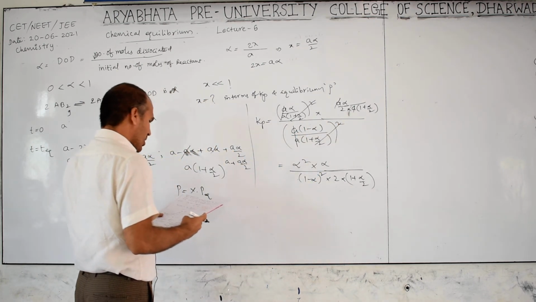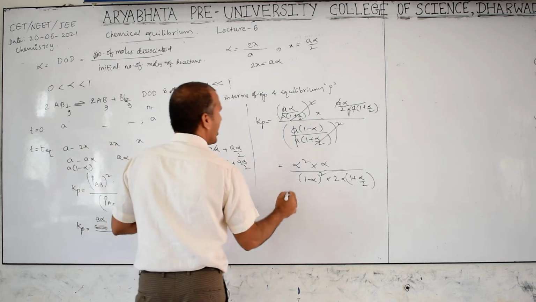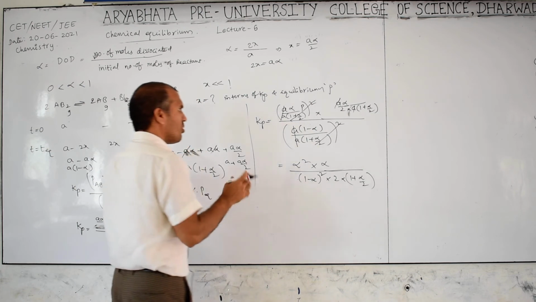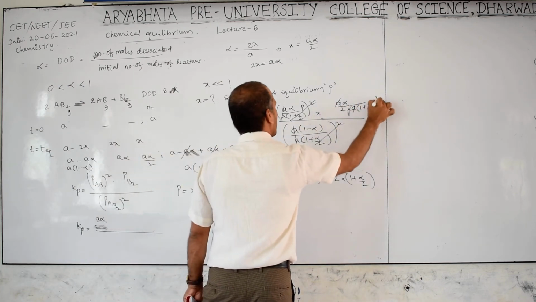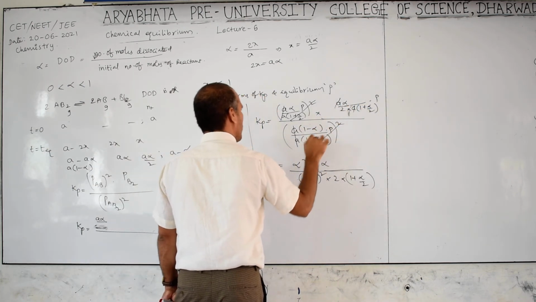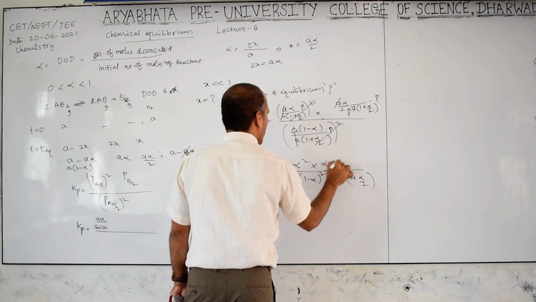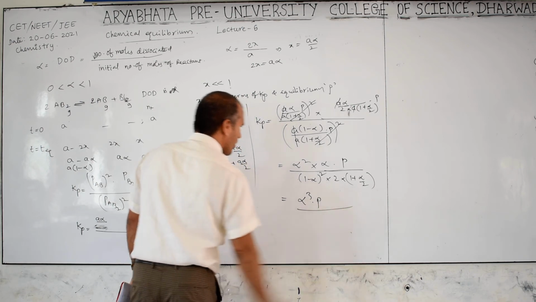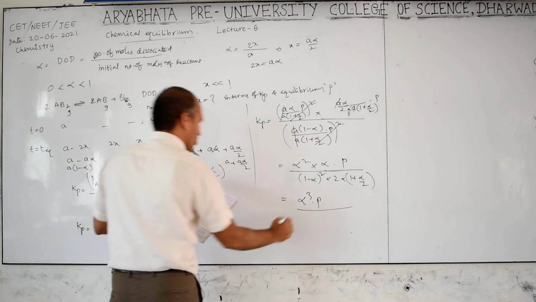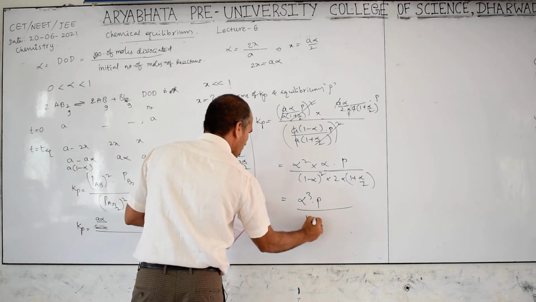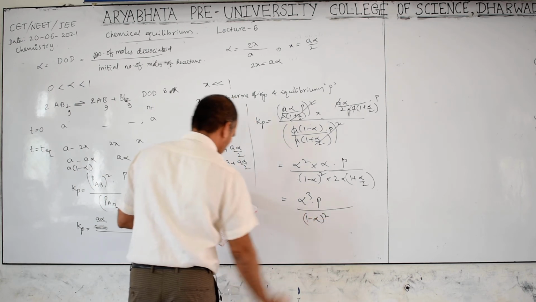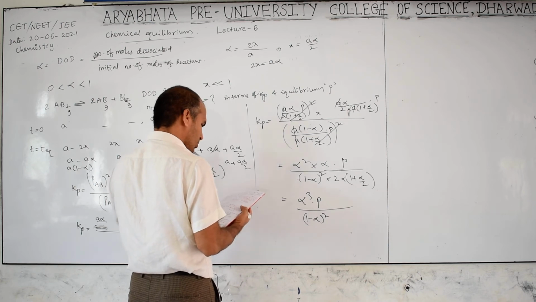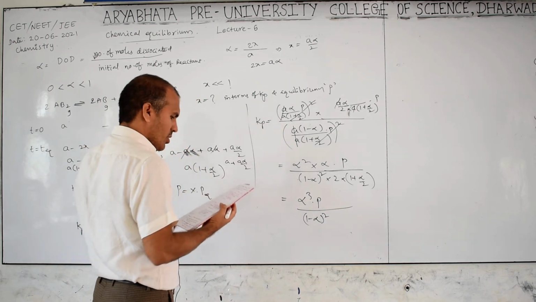So if you calculate this, x cube, and P, somewhere I forgot maybe, because here also P will be there, because mole fraction into P, mole fraction into P, mole fraction into P, anyway P cancels, this P will be left. Then x cube into P, then what is left here? 1 minus alpha square and 2, somewhere 2 also is there.